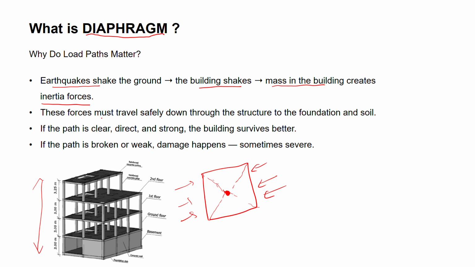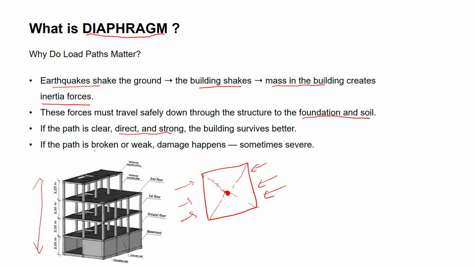Now, the force must travel safely down through the structure to the foundation and soil. That is correct, because whatever the load is, it should transfer to the bottom area, and there should be a clear path. There shouldn't be any hindering point in the building.